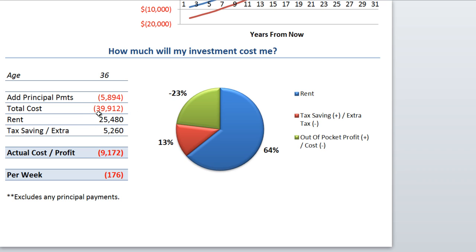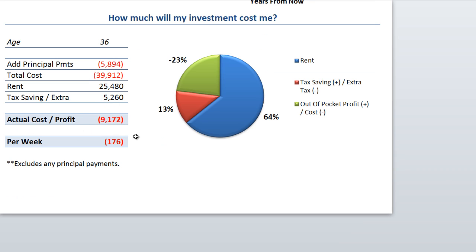And we can see that there's going to be rent coming in of roughly $25,500, and there's going to be a tax saving of around $5,000. Now this is going to bring the total cost out of your pocket to around $9,000, and this is going to equate to around $176 a week. So that is how much this property is going to cost you.